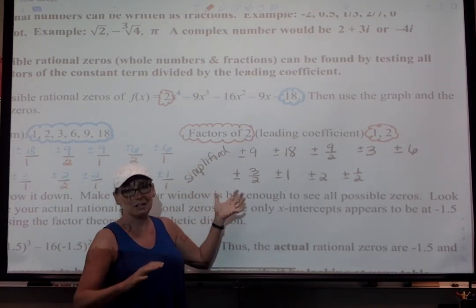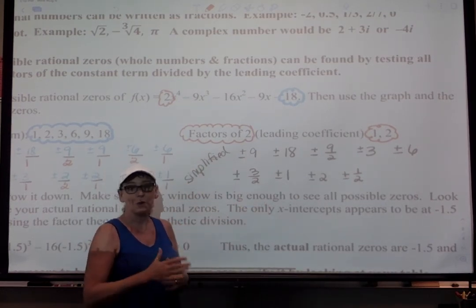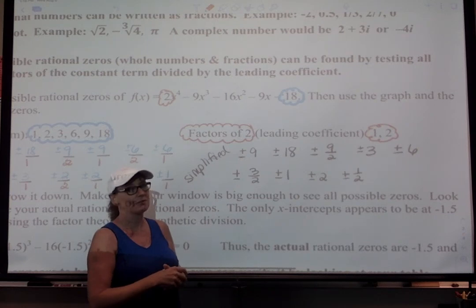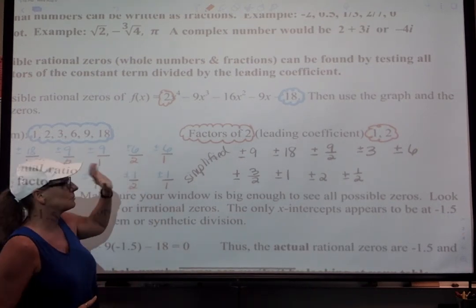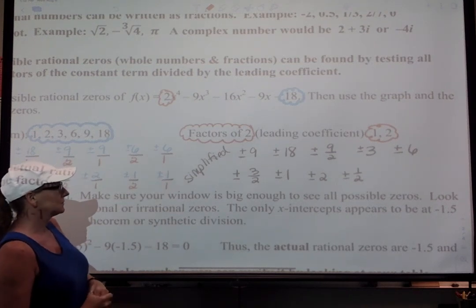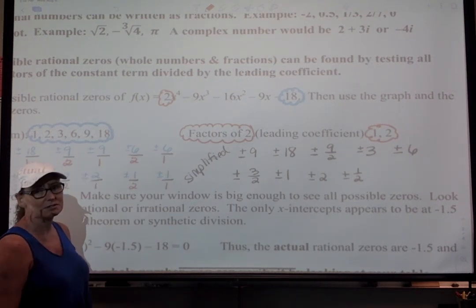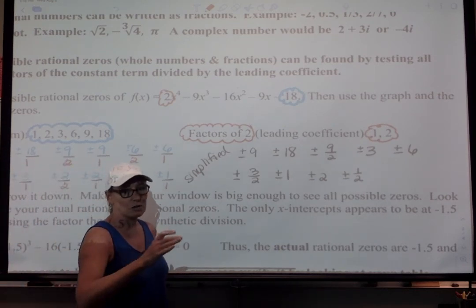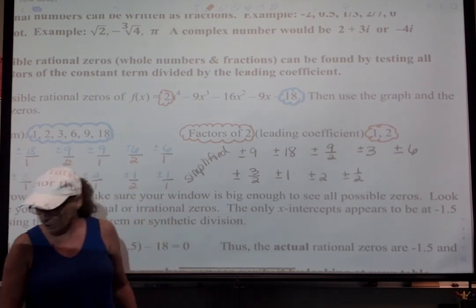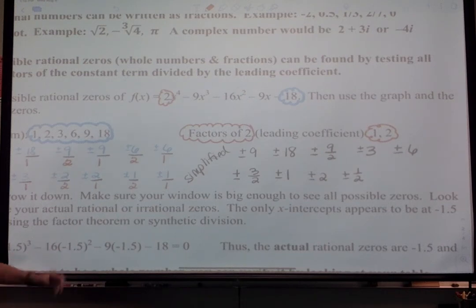There are a lot of possibilities here. And when we have you do them, you won't have that many possibilities. But we will ask you to do the possible rational zero test. Just list the possibilities. We're not going to make you go to all the trouble of plugging every one in to see if they work. Just know the test.